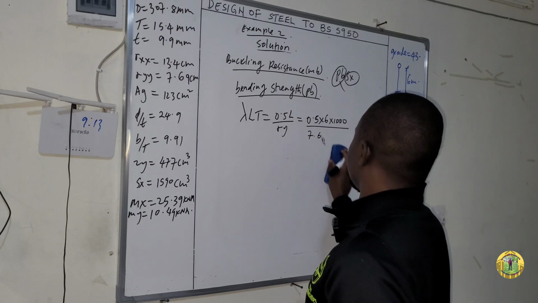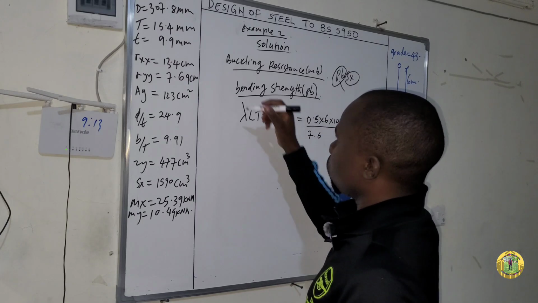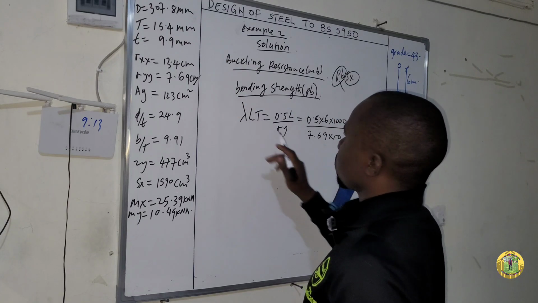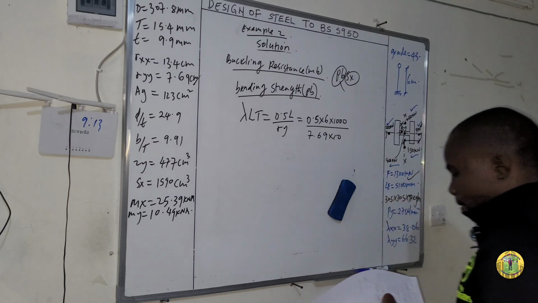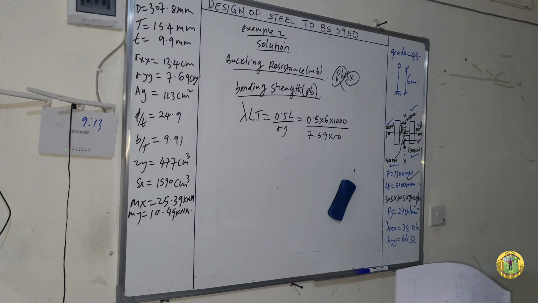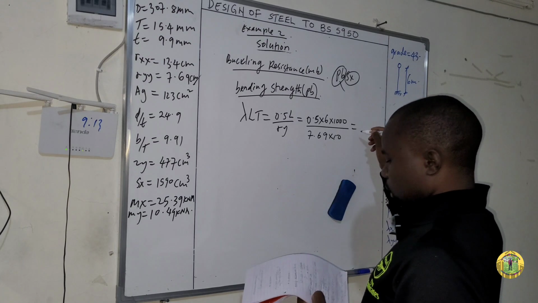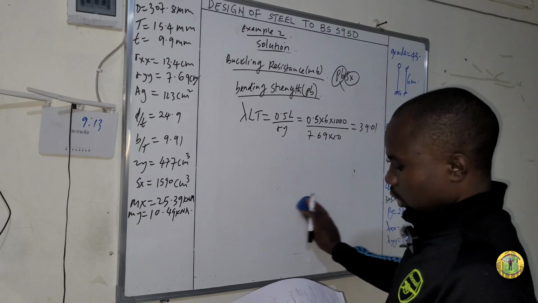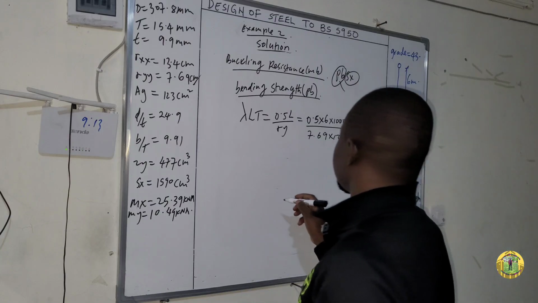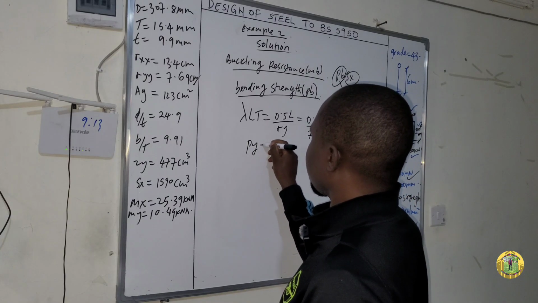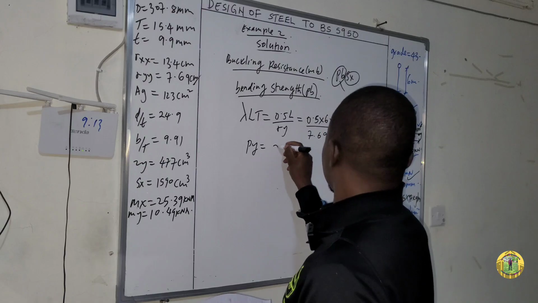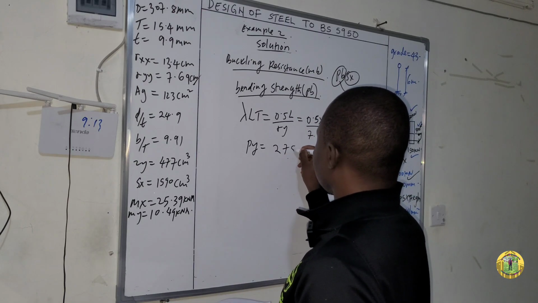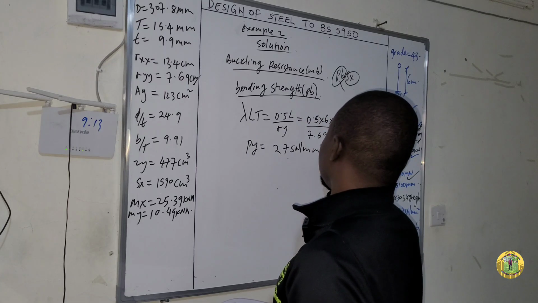Ry is the radius of gyration about y axis. So 6.9 times 10, you change it from centimeter to millimeter. So this one will give you 39.01. You also need this value, Py, which is equal to 275 Newton per millimeter square.